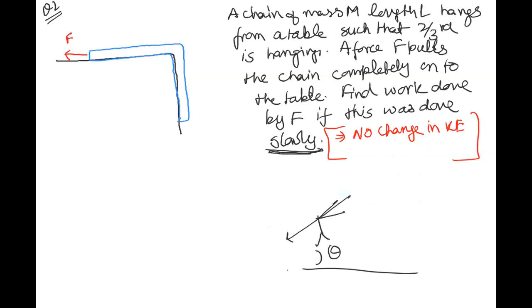But if you come after a large amount of time, then displacement has occurred. Okay, this is what we mean by slowly. Basically, mathematically, it means that kinetic energy does not change.